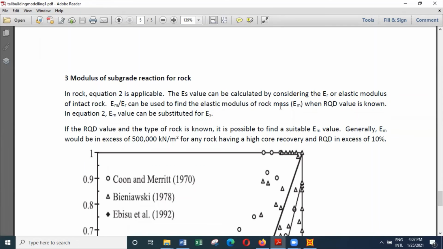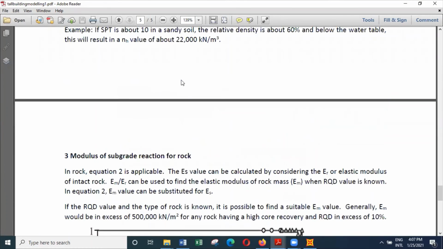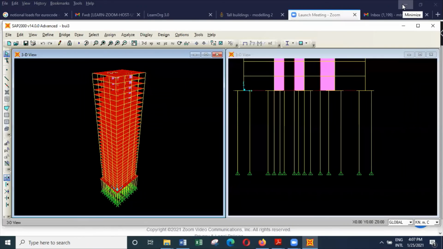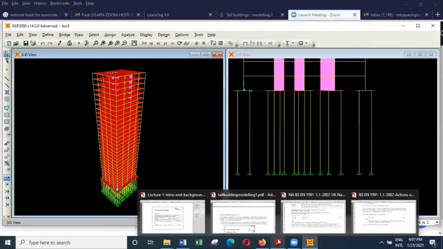Can somebody give some feedback? It can vary with the strength of concrete. Yeah, but concrete is a mix of cement and water and all that. So basically, the rock will be much stronger.